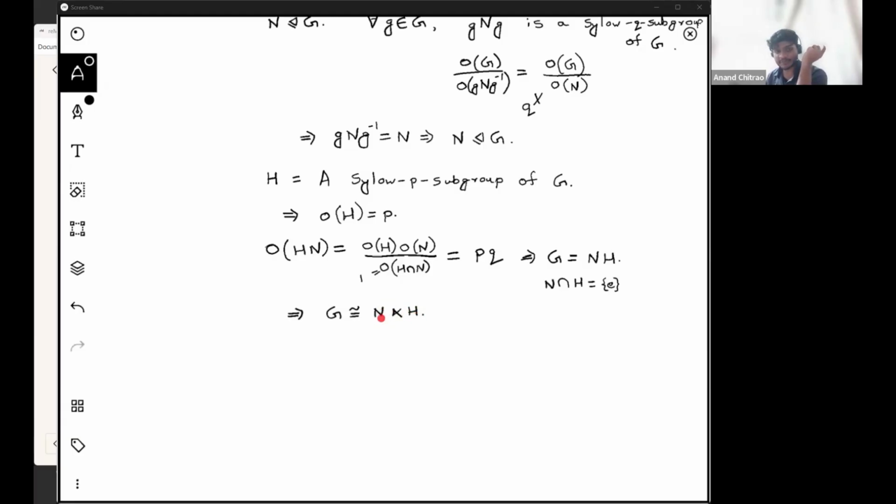This product is abelian if and only if the theta map is trivial. G is abelian if and only if theta from H to Aut N is trivial.